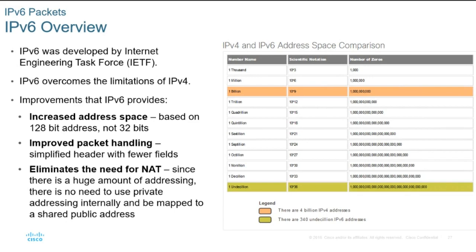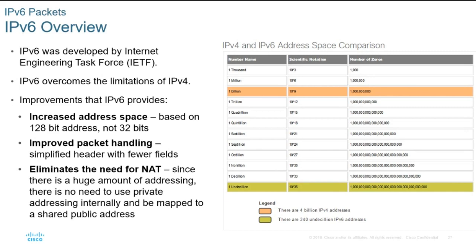Yeah, so the improvements that IPv6 provides: increased address space. The IPv6 addresses are based on 128-bit hierarchical addressing, as opposed to IPv4's 32 bits. And then improved packet handling, so it has a more simplified header with fewer fields.